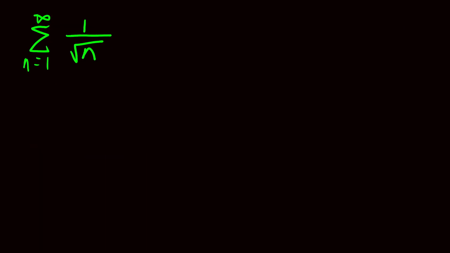All right, next question. A similar question, but we're going to incorporate some exponent rules. The summation from n equals 1 to infinity of 1 over square root n. Using our exponent rules, we know that square root n is just n to the 1 half, so this is 1 over n to the 1 half.